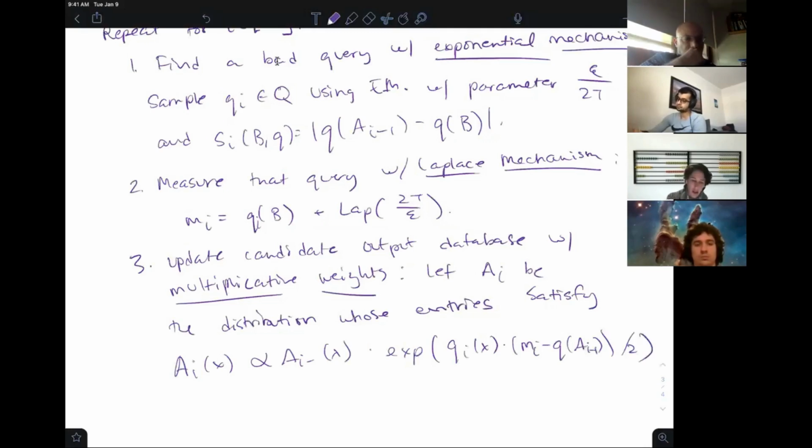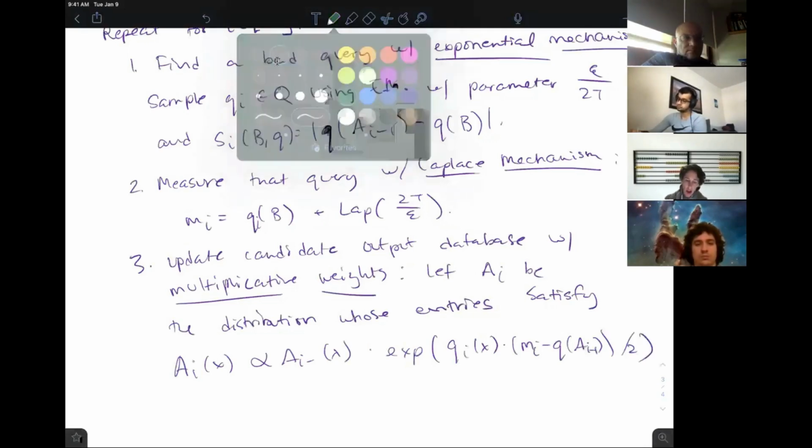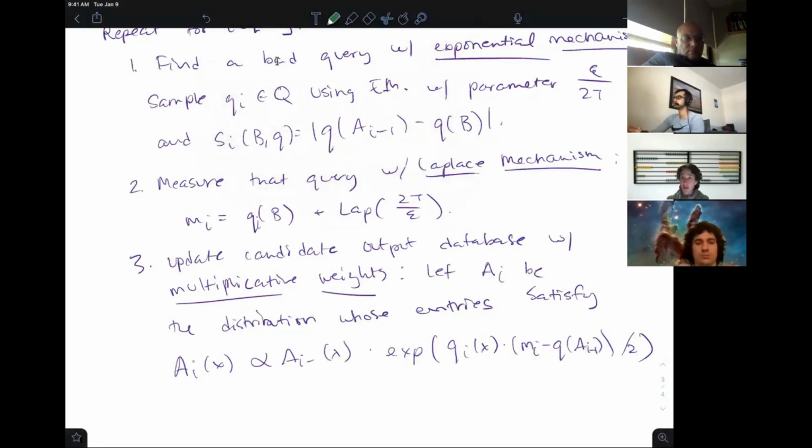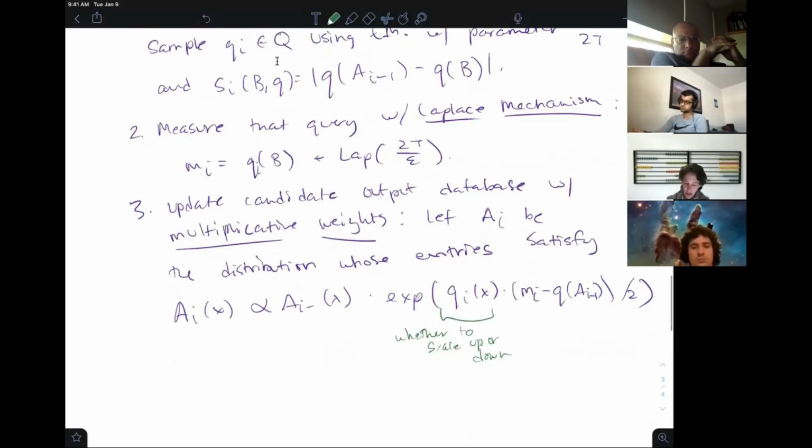So basically, I'm going to rescale the elements of my data distribution. You could think of this as telling me, in some sense, whether to scale up or down. And this is how badly we did.